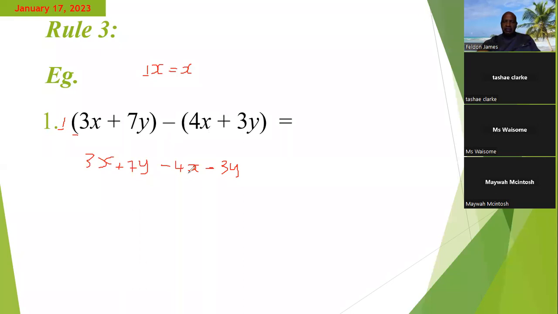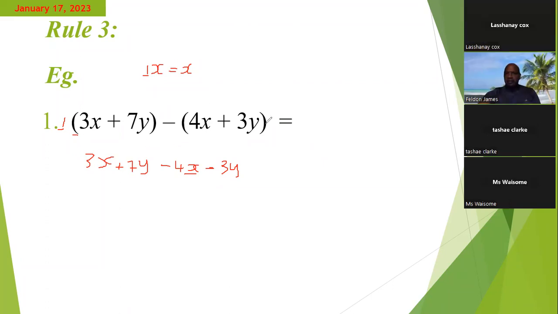So the +4x becomes -4x, and the +3y becomes -3y. Based on the rule that we say, if there is a negative sign in front of the brackets, then the signs of what you have in the brackets change to their opposites when the brackets are removed. All right, so pretty much, let me see the hands of those who understand what just happened here in terms of removing the brackets.